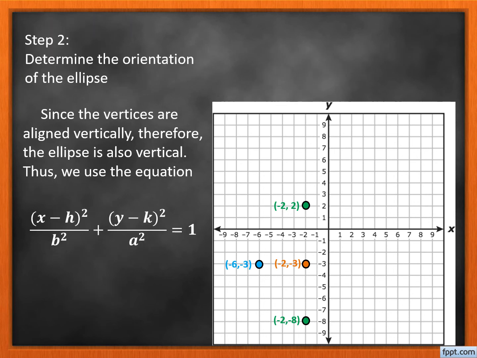For step 2, we must determine the orientation of the ellipse. Since the vertices are aligned vertically together with the center, the ellipse is also vertical. Therefore, we must use the equation (x minus h) squared over b squared plus (y minus k) squared over a squared equals 1.